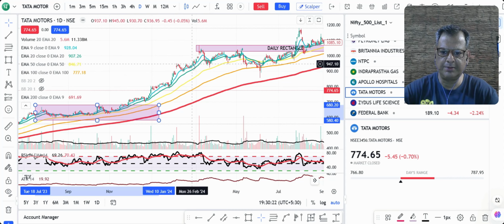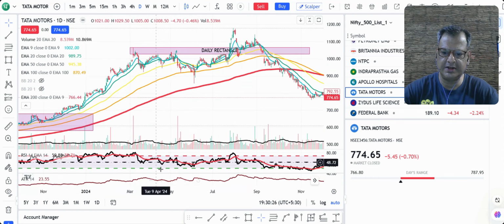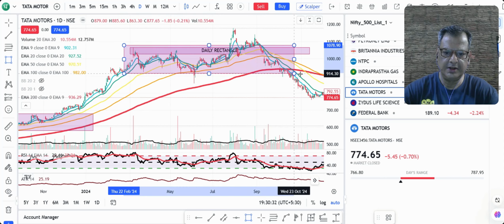Price continues to do that until it gets into a place where it's again consolidating, and we really don't know whether it's accumulating or distributing till it finally breaks out.